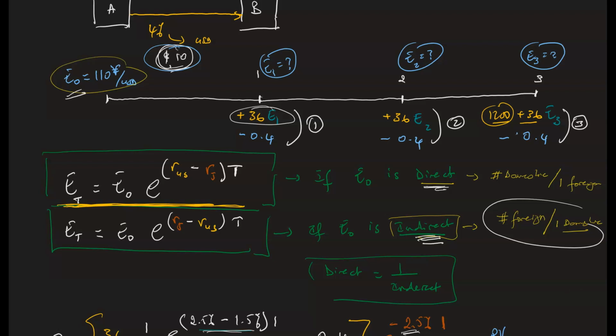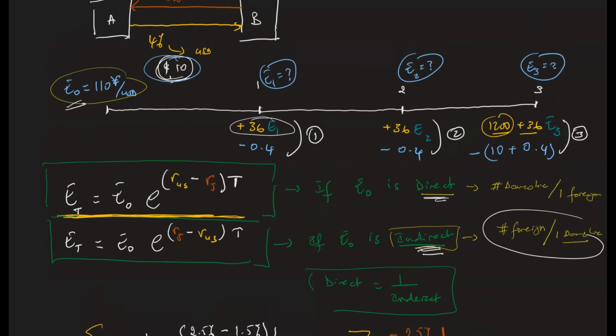So it's going to be 10 plus 0.4, and that's going to be a minus there, right? So it's going to be minus 10.4, and we're receiving the 1,200 Japanese yen and paying $10.4 million. So this here is going to be our principal.